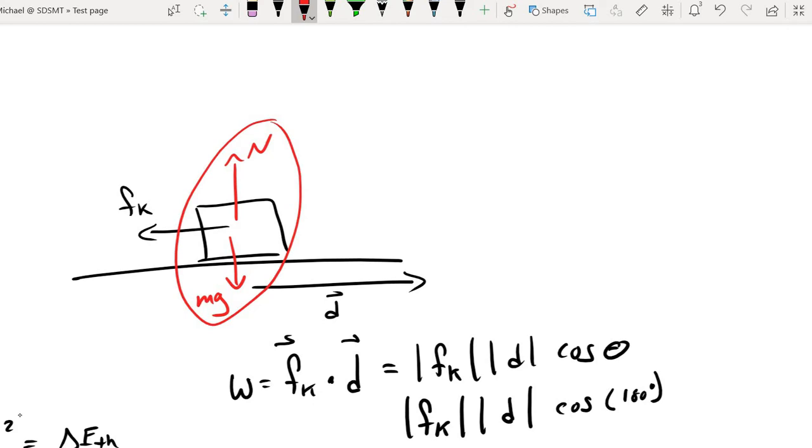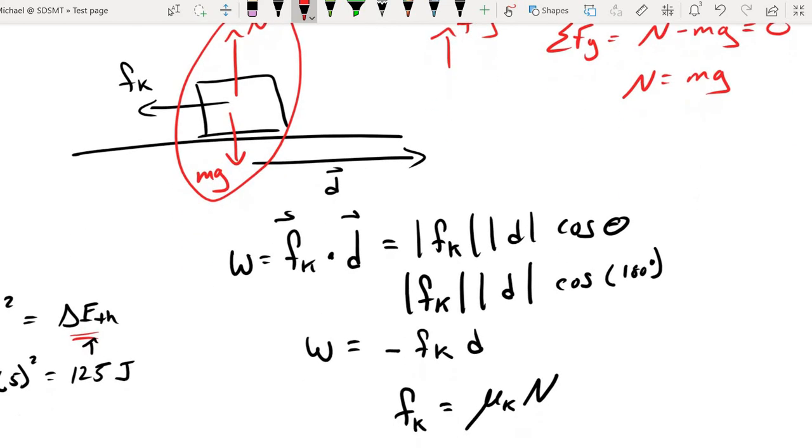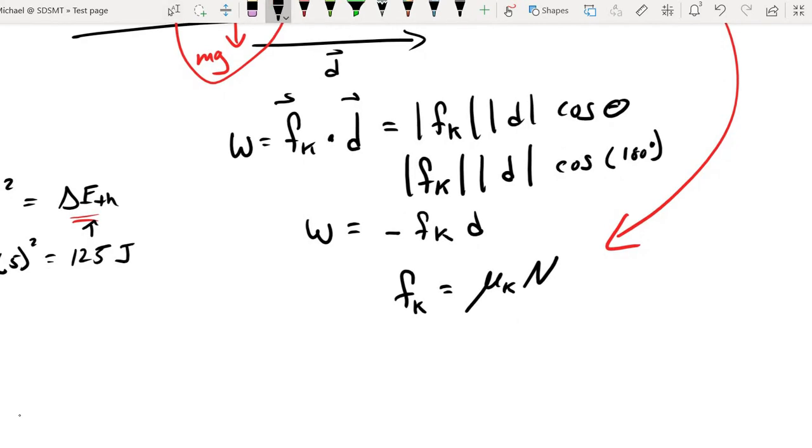And from a quick sum of forces in the y direction, so this would be chapter 5 material, taking a sum of forces, we see that the normal force is equal to the weight. So that's going to come down into this expression.